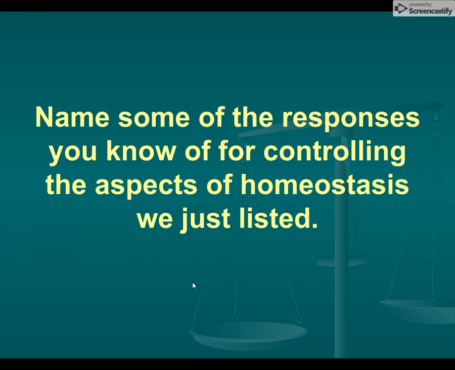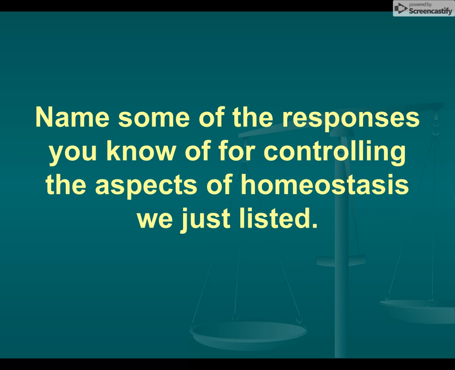So, what are some responses you know of for controlling the aspects of homeostasis? Think about the kinds of things that we just talked about and think about what responses you know your body does. Things you might have listed when you think about responses might be, for body temperature, sweating or shivering.